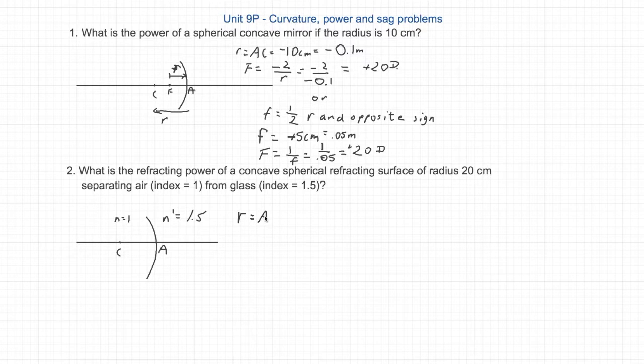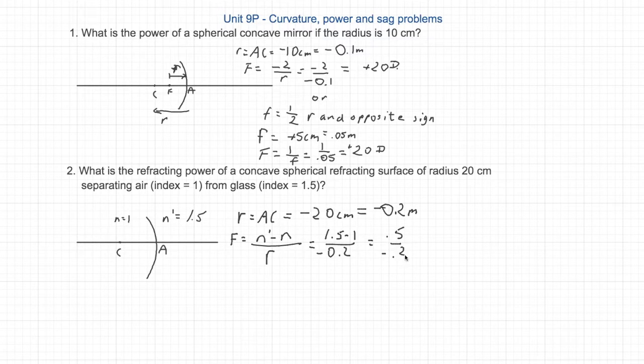Now the radius is equal to the distance from A to C. Right to left, it's a negative 20 centimeters, which equals negative 0.2 meters. The formula is power equals n prime minus n over r. We plug in, and we find that the power equals negative 2.5 diopters.